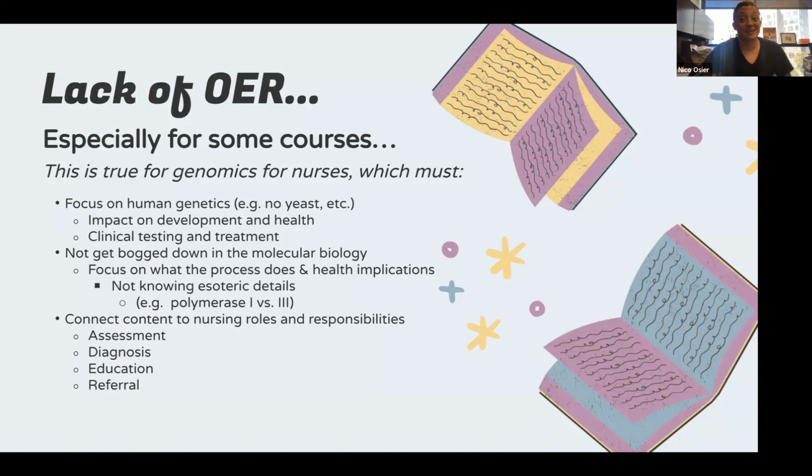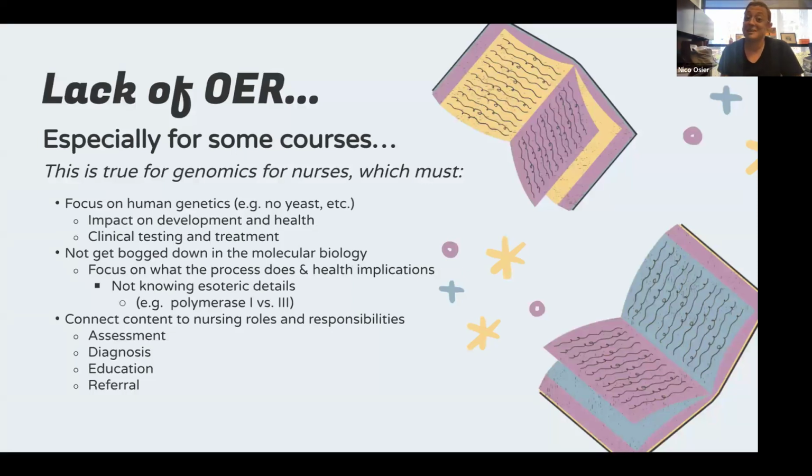In order for a book to be a good source for nurses to learn genetics from, in my opinion, it needs to be solely focused on humans, not yeast, not bacteria, not pigs or plants or Mendel's peas or anything like that. And the content needs to be directly linked to concepts related to human development, human health, clinical testing, diagnosis, treatment, and that kind of thing.